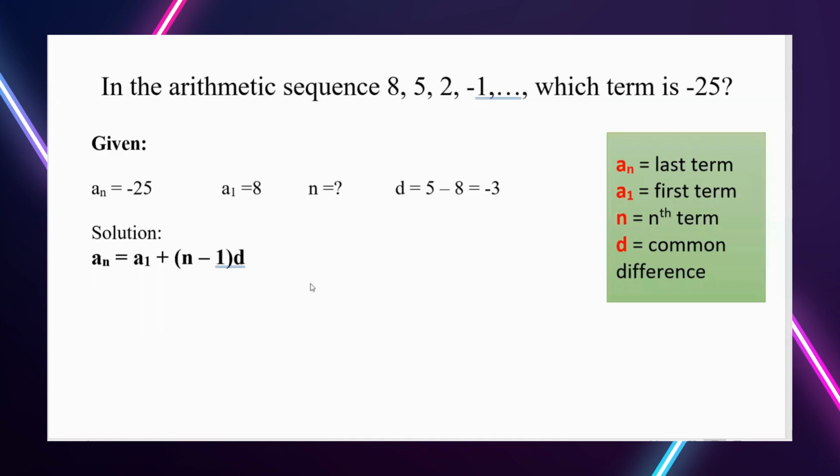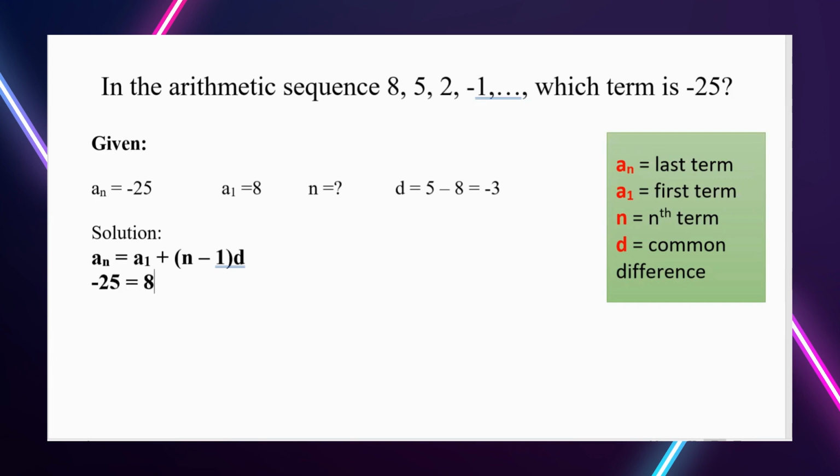Let us use the formula of arithmetic sequence to compute the nth term of the problem. A sub n is equal to a sub 1 plus a quantity of n minus 1 times d. Let us substitute the values on the given sa ating formula. A sub n is equal to negative 25.